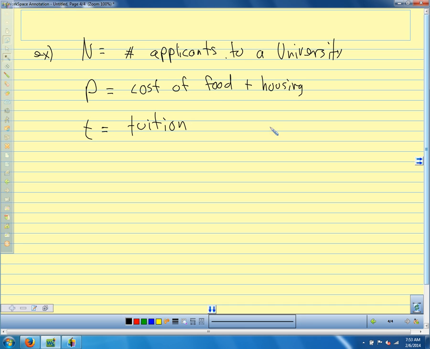So for this, we're going to consider n is a function of P and T. Somehow the number of applicants depends on these things.